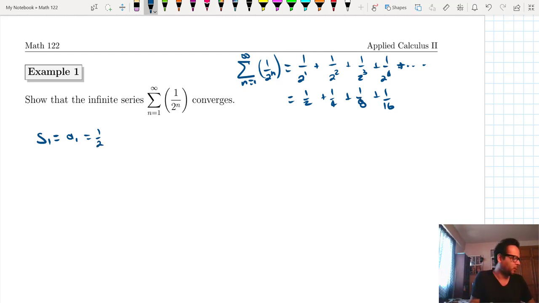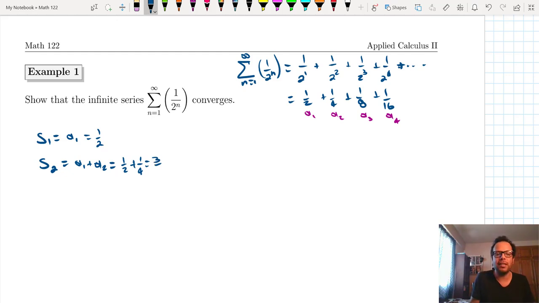S2 will be the sum of the first 2 terms. Let's label these as A1, A2, A3, A4. A sub 1 plus A sub 2 equals 1/2 plus 1/4, which equals 3/4.